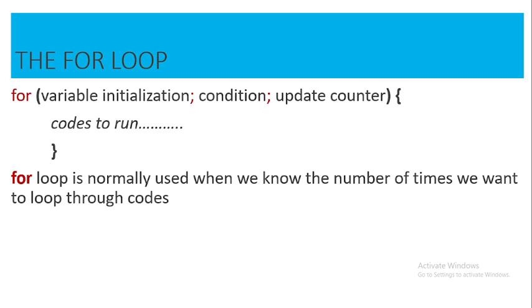But under the for loop, we use it when we know the number of times a person will perform it, as a person runs some code. So the for loop is normally used when we know the number of times we want to loop through code. With the while loop, we may not know the number of times a person will loop, but under the for loop, we always know the number of times we want to loop through some code.